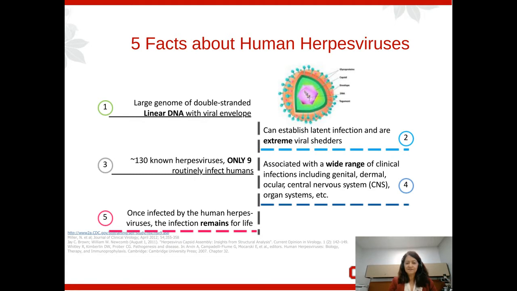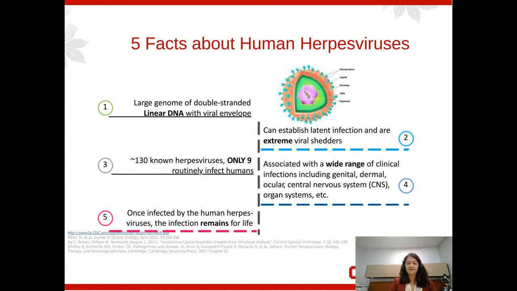So, 5 facts about human herpes viruses that I'm sure you're all very familiar with. One is that it's a large genome of double-stranded linear DNA that is part and parcel of the herpes viruses. These viruses can establish latent infections and can be extreme viral shedders, as in VZV and HSV, that we're very familiar with. And there are several herpes viruses that are known.